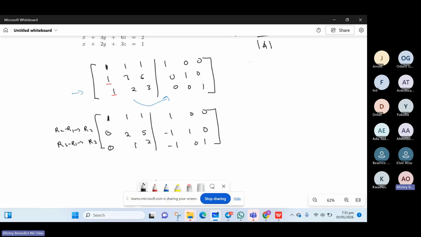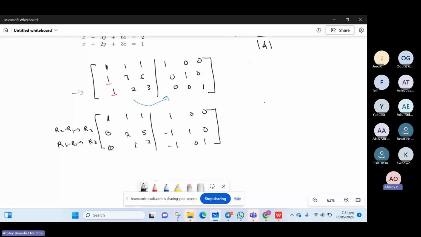So we are going to use this second row to eliminate this one, right? But before then, we can make a swap because we know that we are getting an identity matrix. So the one should be at the middle. Okay, so let's swap row 2 and row 3.